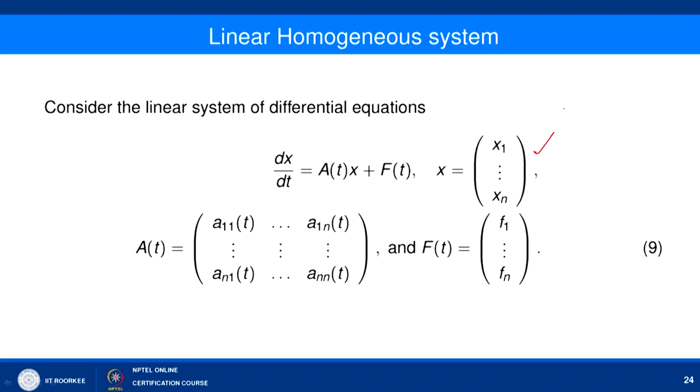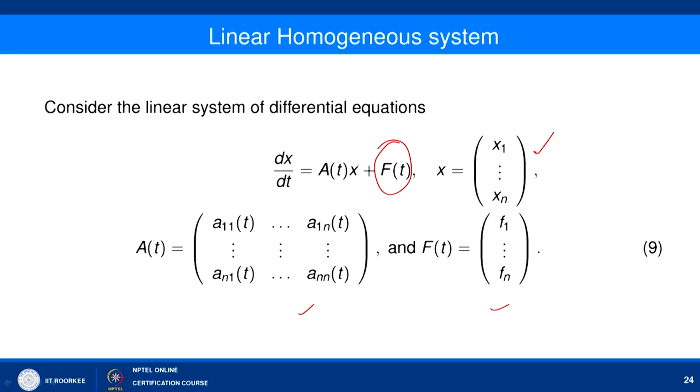Now, let us discuss one particular case of linear systems, that is the linear homogeneous system, for which consider the linear system of differential equations dx/dt = A(t)x + f(t), where x is given as (x1, ..., xn), A(t) is given as aij(t) and f(t) is given as (f1, ..., fn). If f(t) is a non-zero vector valued function, then we call it a non-homogeneous system, and if f(t) is identically equal to 0 for all t, then we call this a linear homogeneous system.